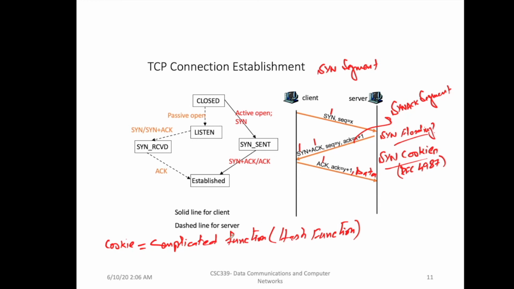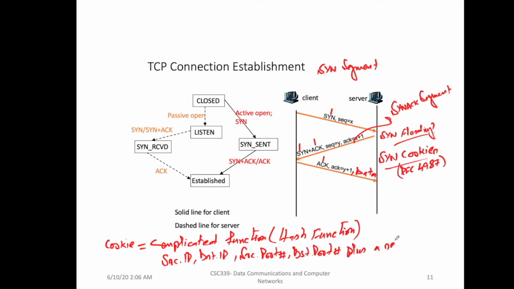By the way, this hash function involves the source IP address, destination IP address, source port number, destination port number, plus a secret number, right?